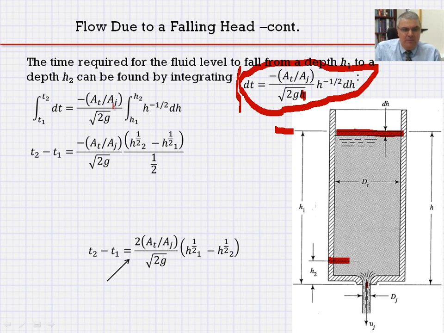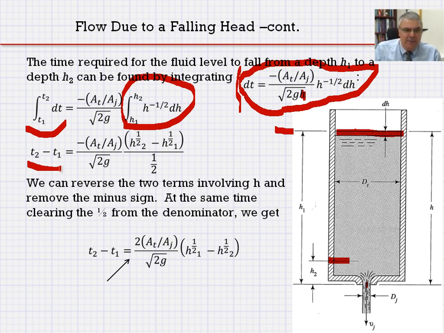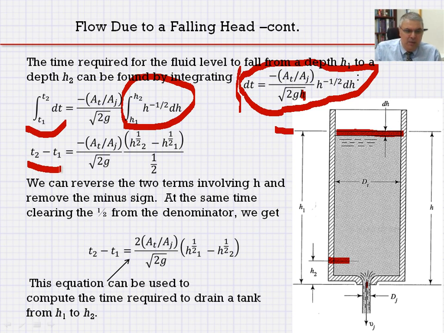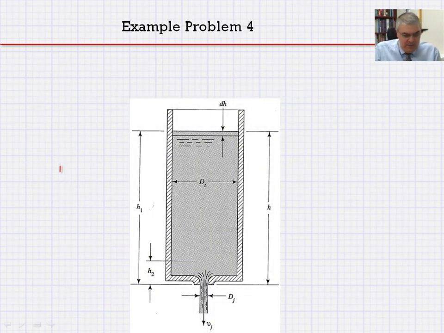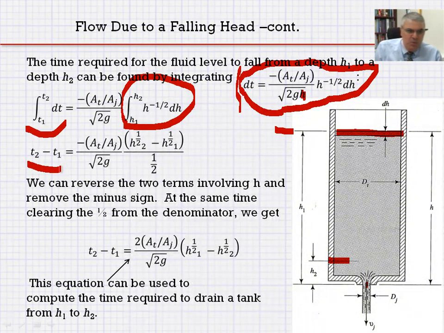We take that behind the integral, and we take the integral here, as you can see, and of course the integral on the left hand side would be t2 minus t1, and after taking the integral, we do more manipulation, and that would take us to this equation that you can see here, h to the power half. This could also be considered square root of h1 minus square root of h2.